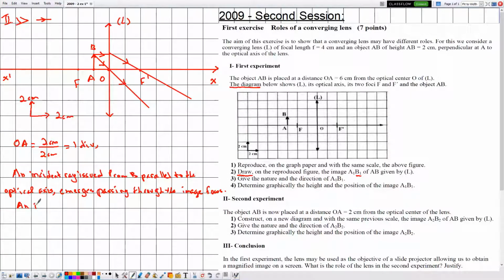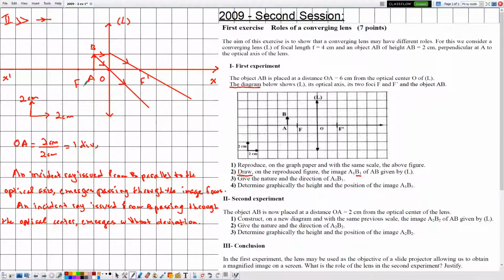An incident ray issued from B passing through the optical center emerges without deviation. Now we have done the tracing and the justification of the rays. Now we are ready to trace and justify the image.